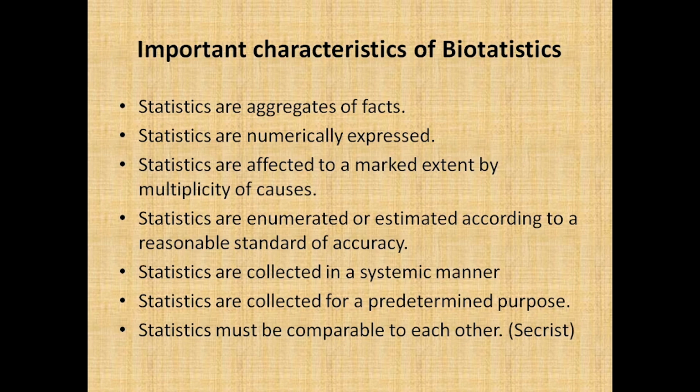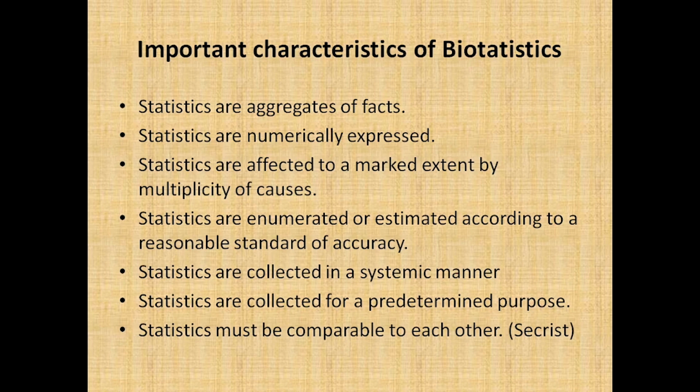What are the important characters of biostatistics? What does it include, and what are its important features? As defined by Secrist, it has important features. Statistics are aggregates of facts. They are numerically expressed.